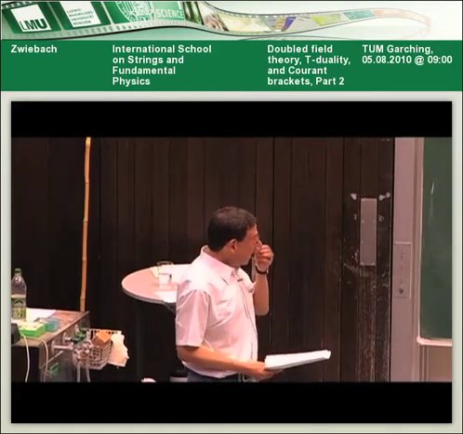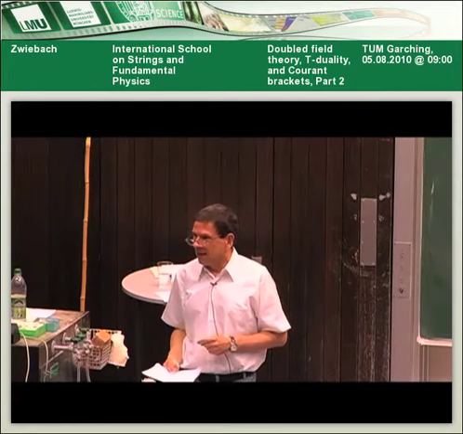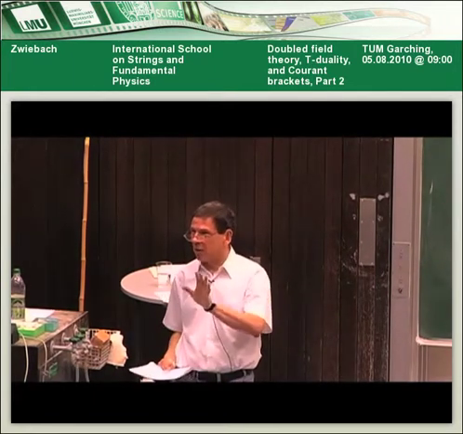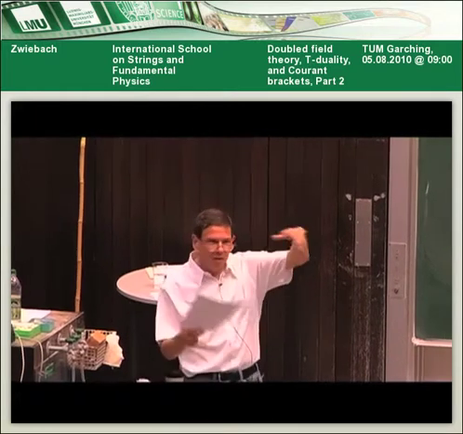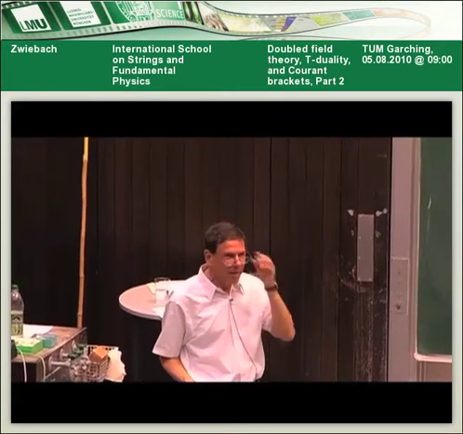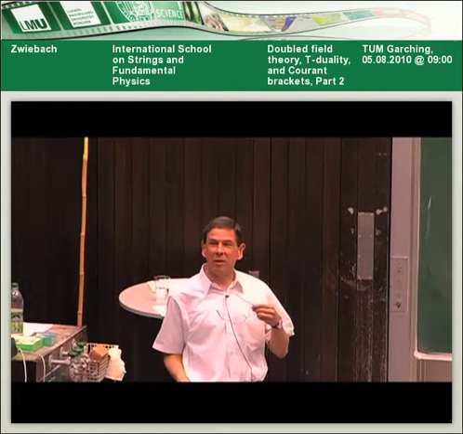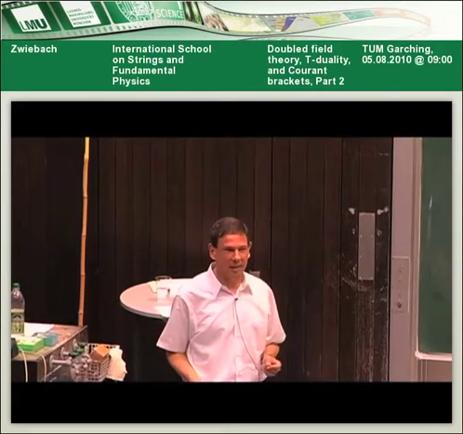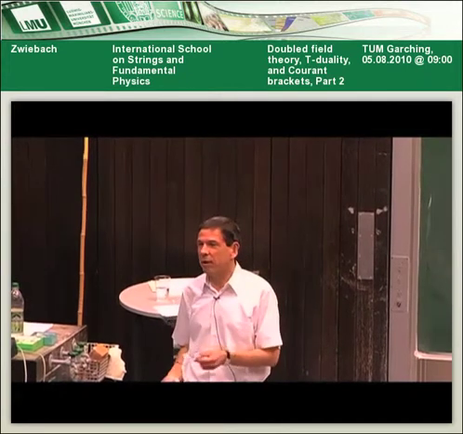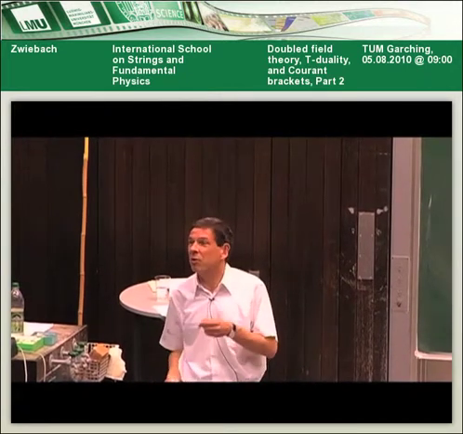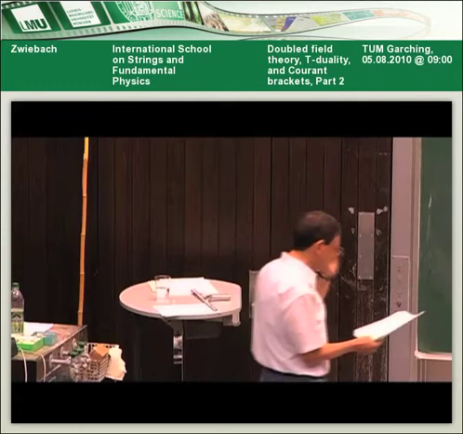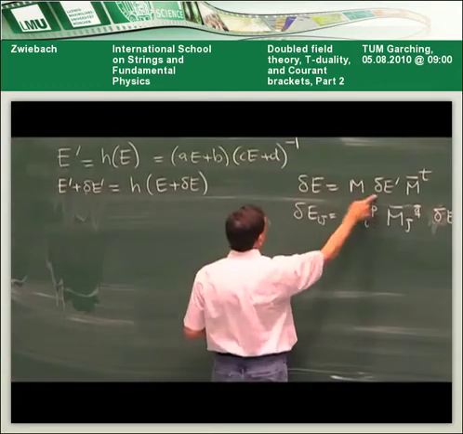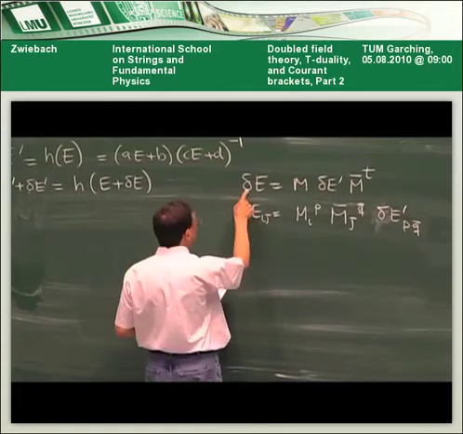So that's pretty nice. E is a complicated object. If you're going to write an action in terms of E, it's going to have linear fractional transformations. But if you're going to write it in terms of derivatives of E, it's going to transform nicely. So when we're going to try to write actions, we're going to use derivatives of E or variations of E. So this applies. Instead of delta, you could put a derivative with respect to x or x tilde.